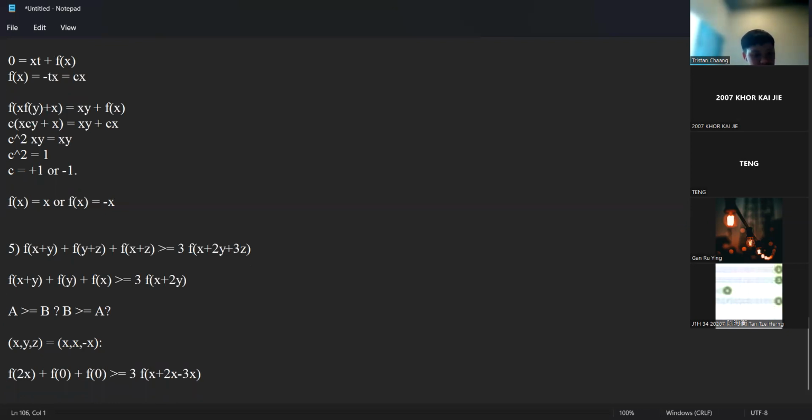And this, of course, gives us f(2x) is more than or equal to f(0), which is nice. So we know all of the f(x)'s are more than or equal to f(0). Can we do something else? Can we get f(0) is more than or equal to something?